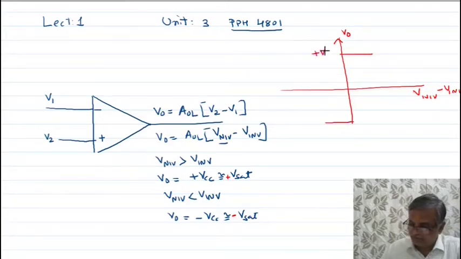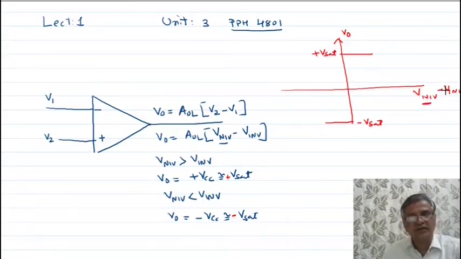This is plus V saturated, this is minus V saturated voltage. When V non-inverting is more than V inverting, in this region, you will get positive output. When non-inverting voltage is less than inverting voltage, in this region, you will get minus V saturated. This is called characteristics or transfer characteristics of a comparator. This is the ideal one.